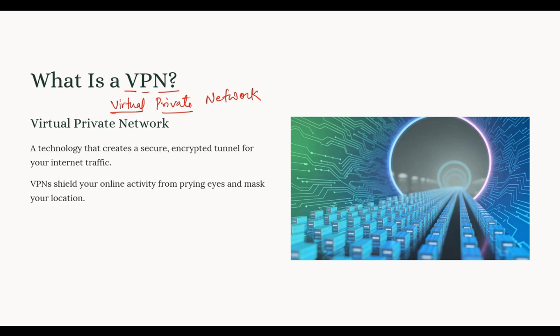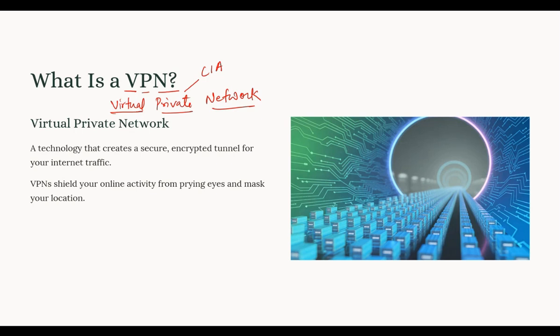Private means it provides privacy provided through CIA, which are the three elements of cryptography, that is confidentiality, integrity, and authentication. So it provides privacy through cryptography. Then network, which is an interconnection of devices to share information. That's what virtual private network is.